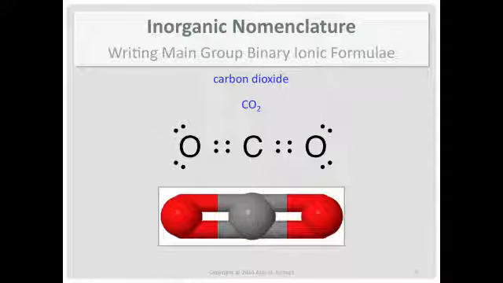Because of the use of prefixes, if you're given the name, the chemical formula follows: carbon dioxide. And when you're given the formula and you write the name, you use prefixes: CO2, carbon dioxide. That really is the smallest repeating unit.